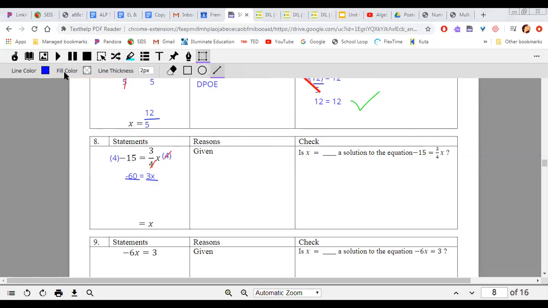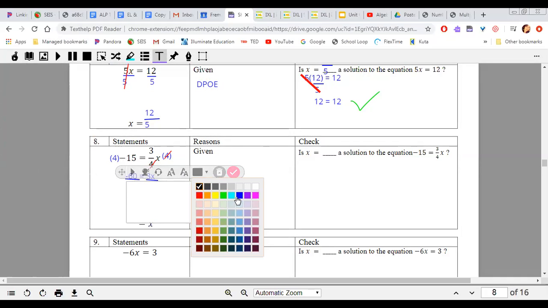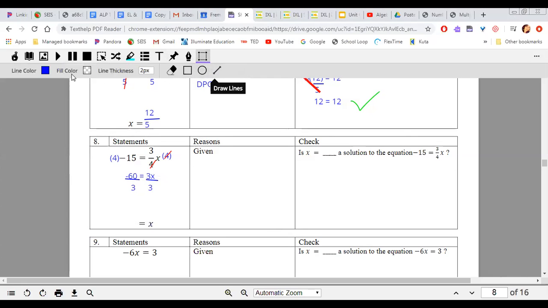Good. What number am I crossing off? Anything cancels out?